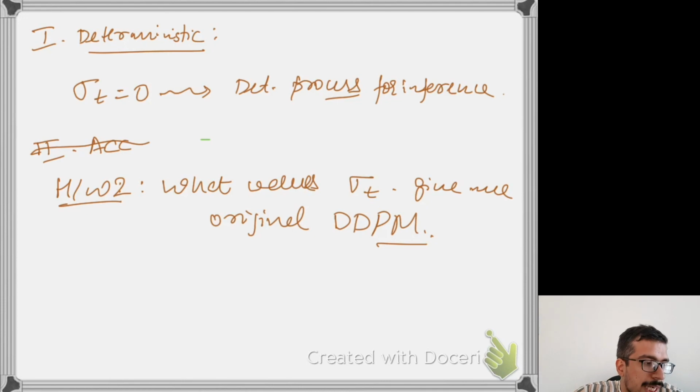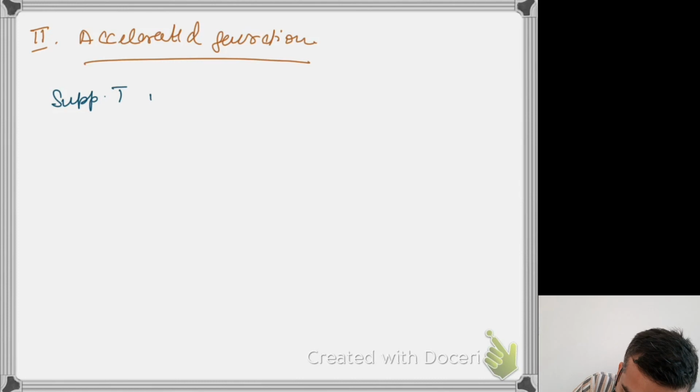Okay, so the second contribution of this paper is that of accelerated generation. Let's say, suppose t is large. So how to sample efficiently?